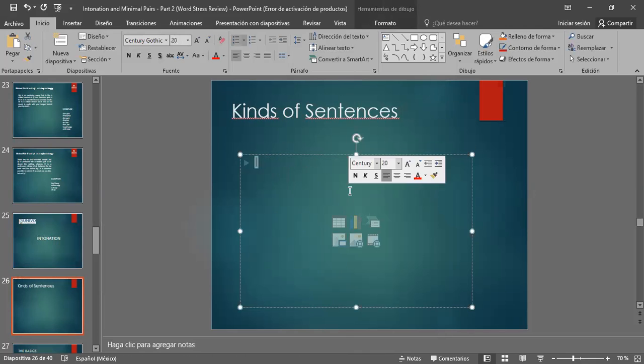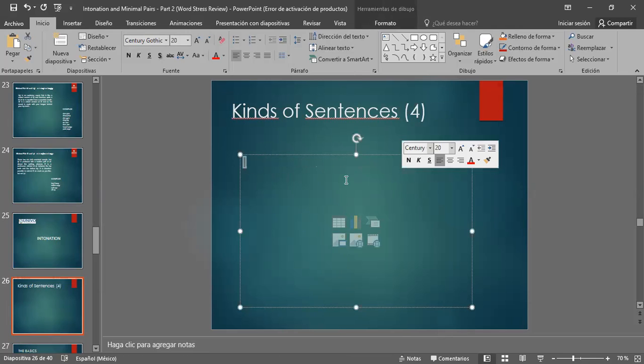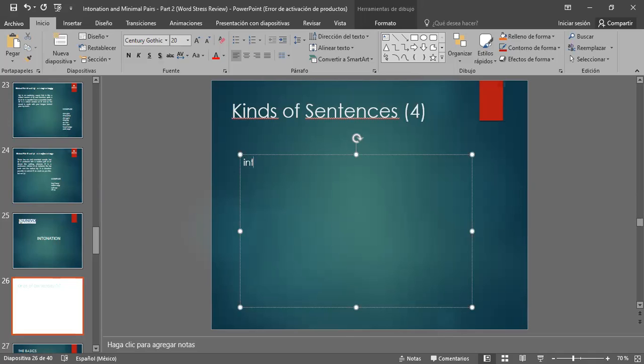We have four, right? This is not grammar, okay? This is intonation. Can you please let me know the four kinds of sentences if you know that? Please don't Google it. If you don't know it, don't worry. There are some people who answered: interrogative. Excellent. What else?